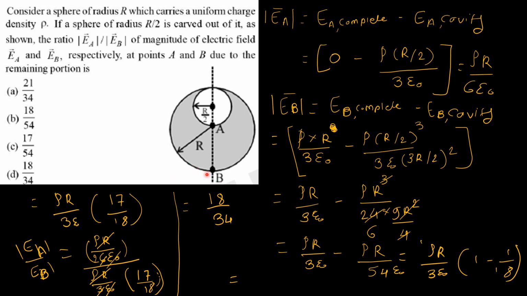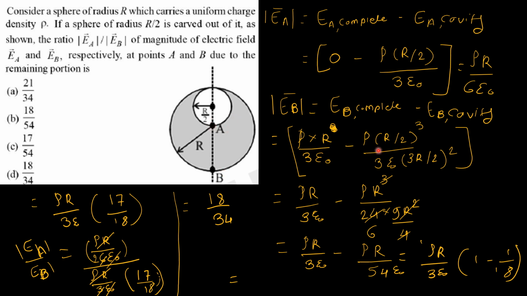Now for point B, again we have to calculate. Point B is a point on the surface of the bigger sphere. We can use the formula rho R upon 3 epsilon naught, where the radius is capital R. Now point B is an external point for the small sphere.